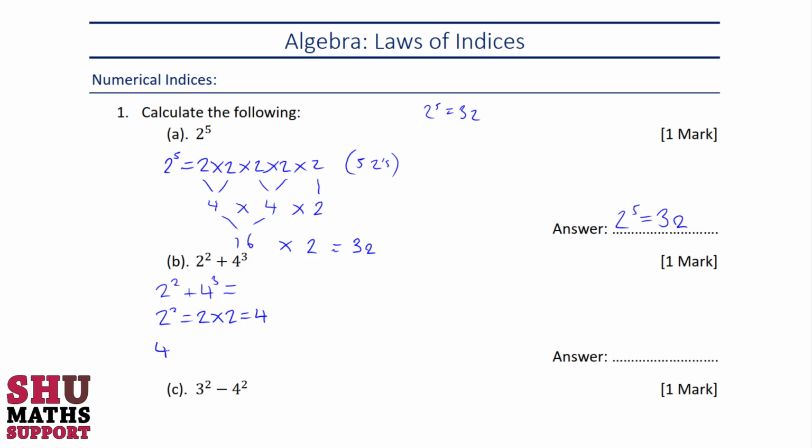And we have 4 to the power of 3, which is equal to 4 times 4 times 4, and 4 times 4 is 16, so we have 16 times 4, which is 64. So 4 to the power of 3, or 4 cubed, is 64. That means up here we have 2 to the power of 2 plus 4 to the power of 3 is equal to 4 plus 64, which is equal to 68. So 2 squared plus 4 cubed is equal to 68 as our final answer.